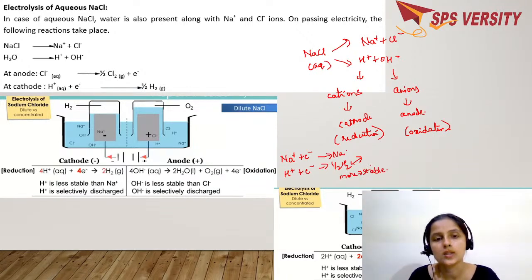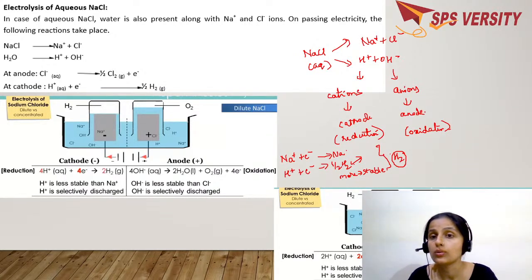That's why, whether you take a dilute solution or a concentrated solution, in both cases the product given out at the cathode during the electrolysis of aqueous NaCl will be hydrogen only, because of its standard reduction potential value. That means H+ undergoes reduction compared to sodium, in both the concentrated and the dilute solution.